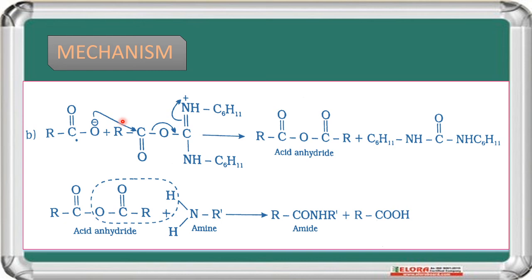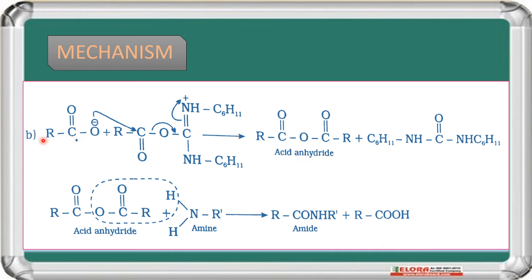Here this O minus attacks the C double bond O, and this O forms a double bond with C, and with this N plus, the C double bond N forms a single bond, and the positive charge is neutralized due to the donation of electrons. Okay, so here is the formation of acid anhydride R.